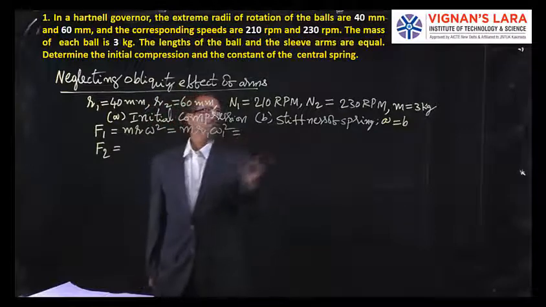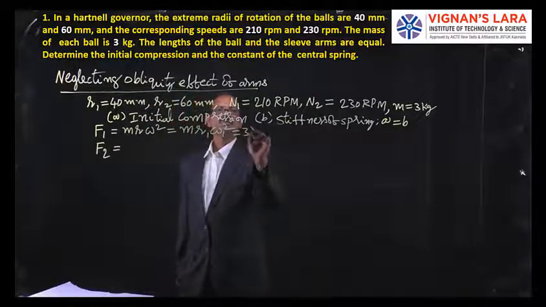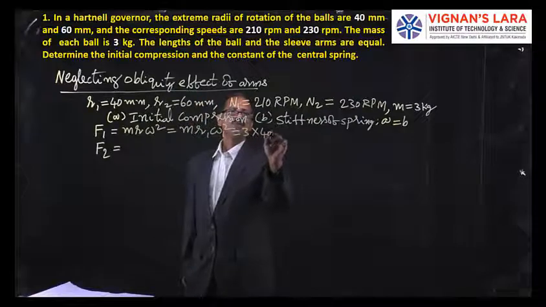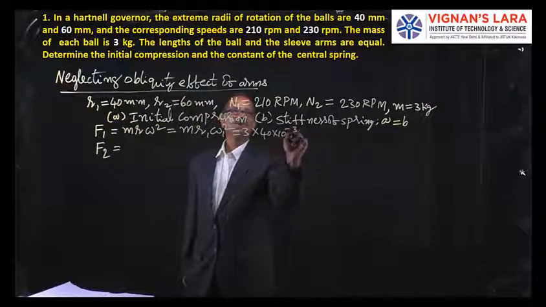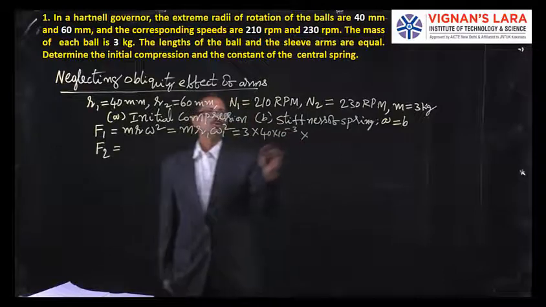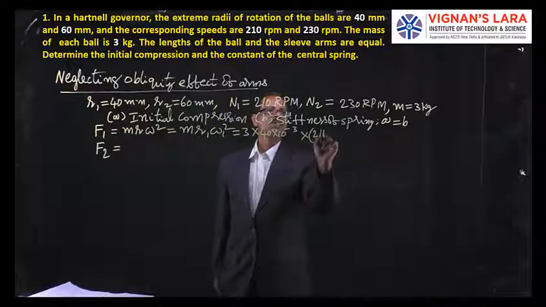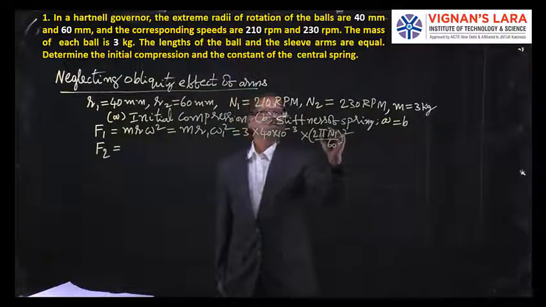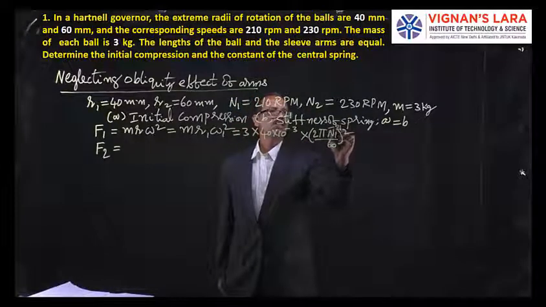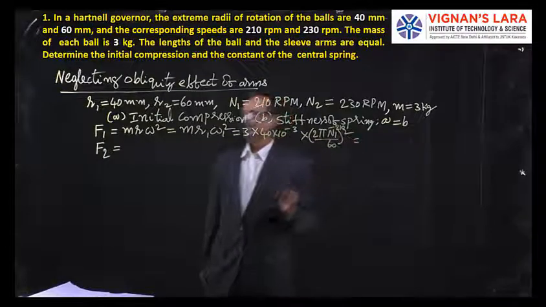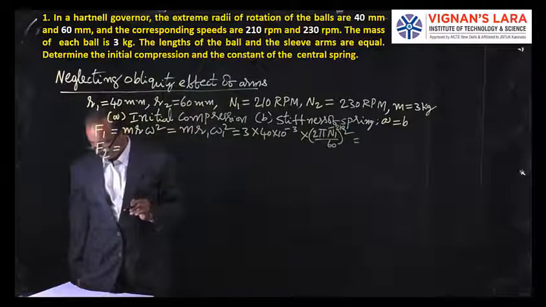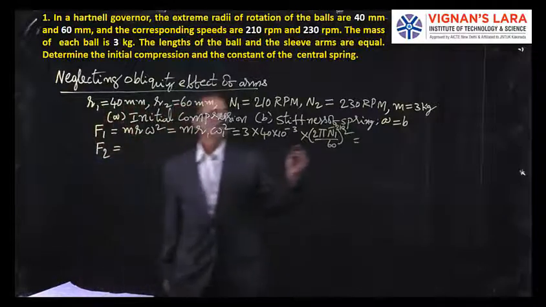So we have m is 3, radius, let me substitute in meters, that is 40 into 10 power minus 3, omega 1 is 2 pi n1 by 60, whole square. What is n1? In place of n1, substitute 210. Then you get the force F1, that is 58.1 Newton.